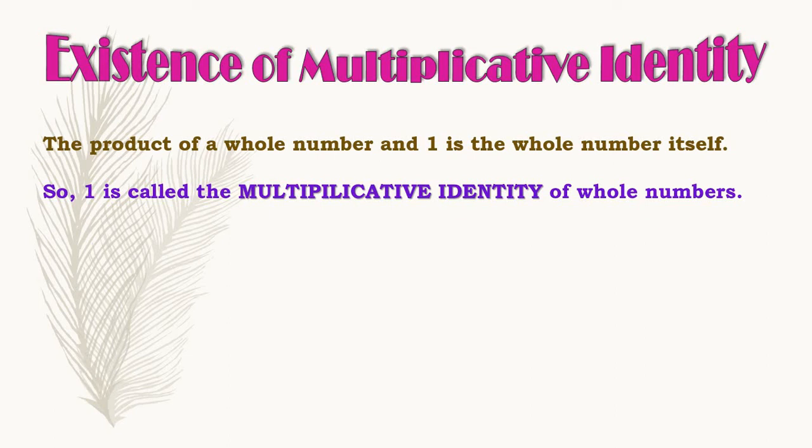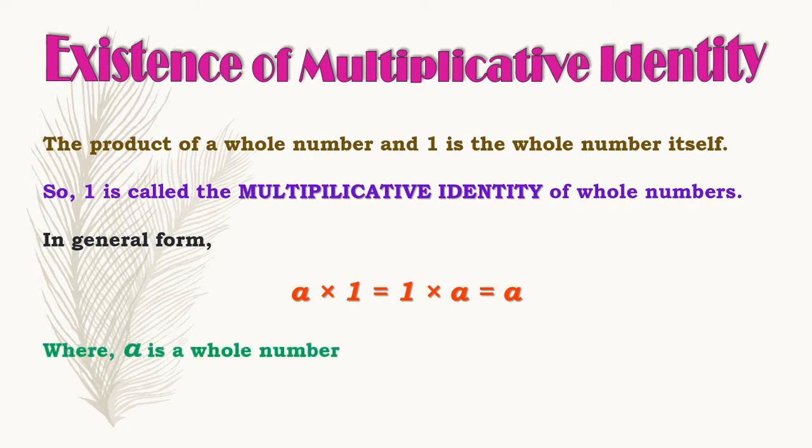The product is the same whole number. So 1 does not change the identity of the whole number while multiplying. In general form, A into 1 is equal to 1 into A is equal to A, where A is a whole number.